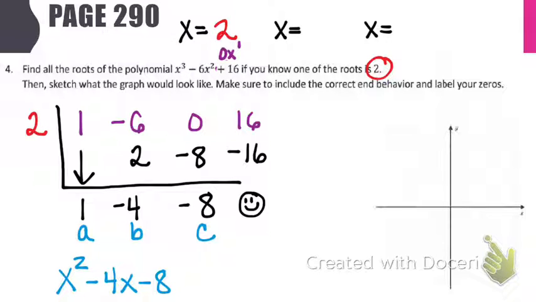No. So what does that mean? What do we have to do when that happens? What do we have to use if you can't factor it? Quadratic formula. So let's go ahead and do that.